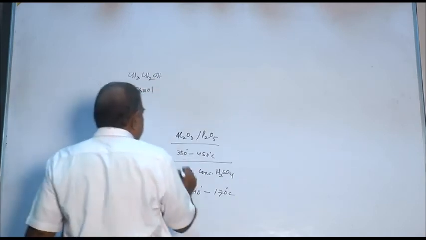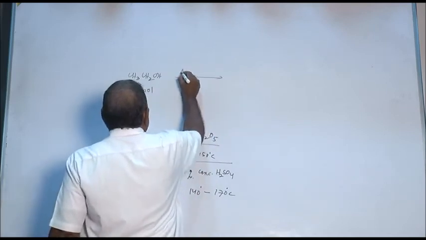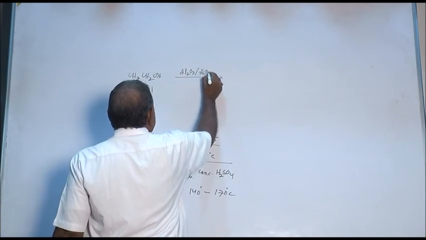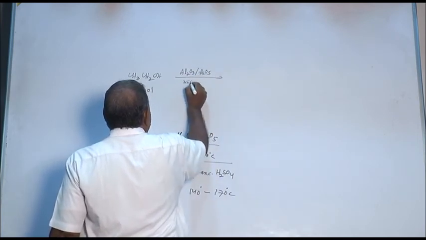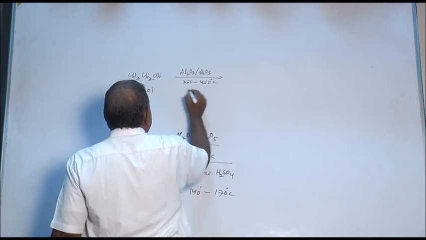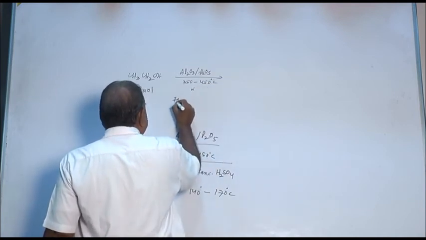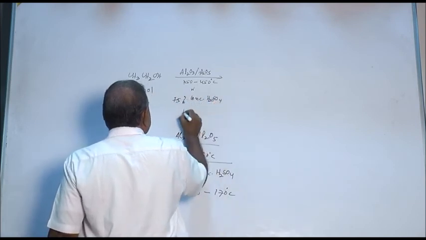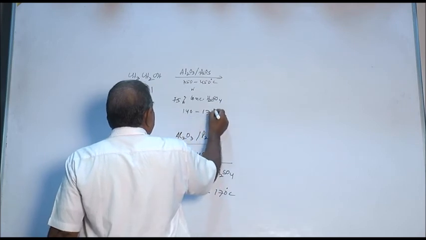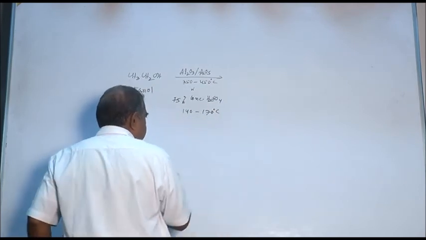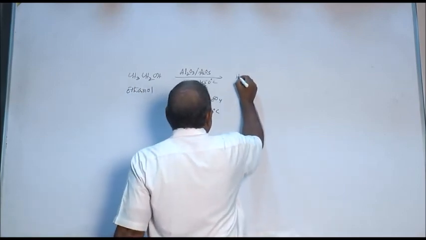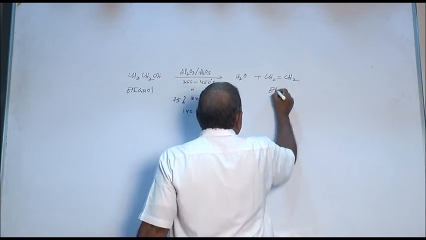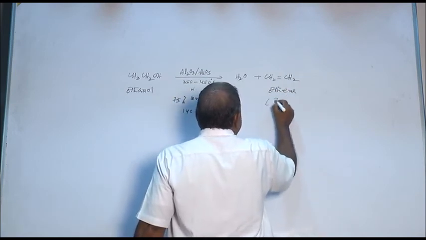So 1 molecule of water is removed to give you ethylene or ethene. Ethylene is the common name.